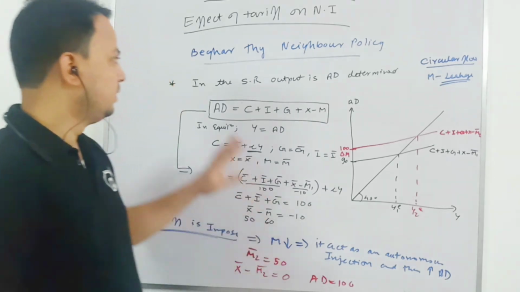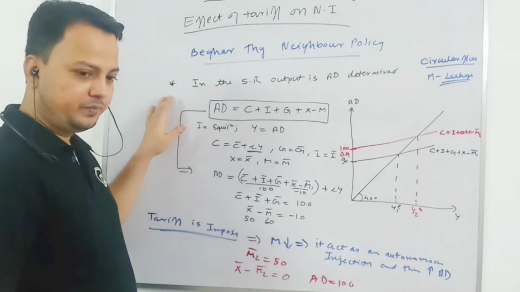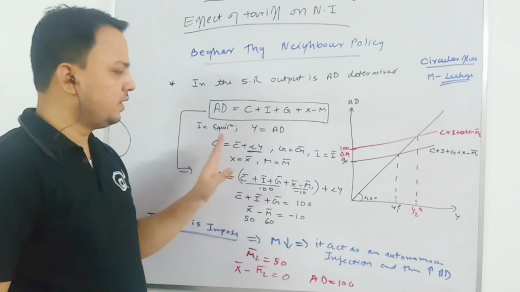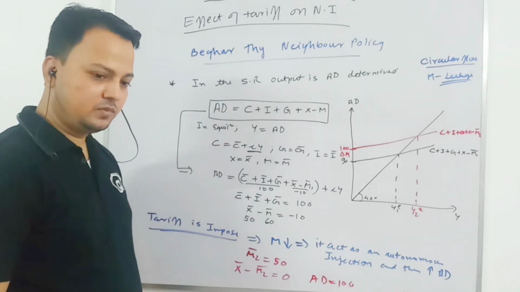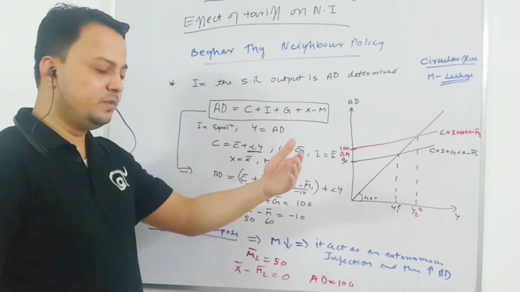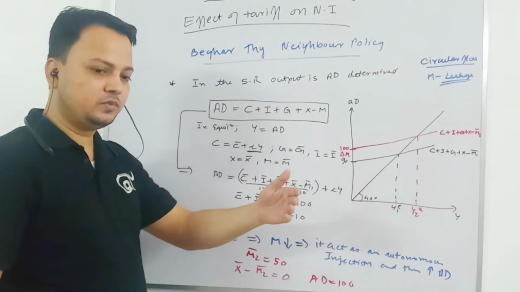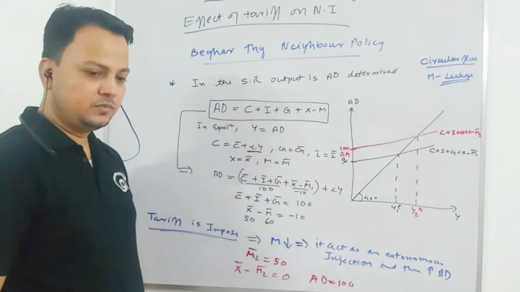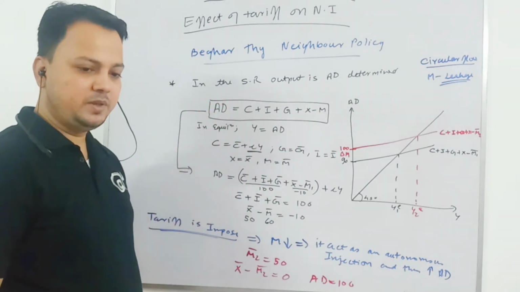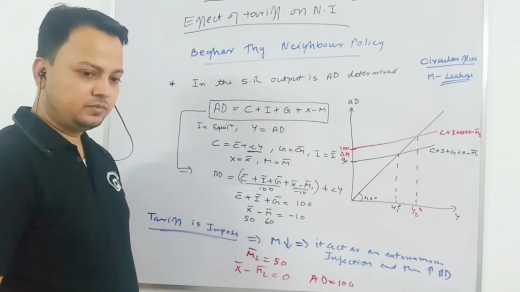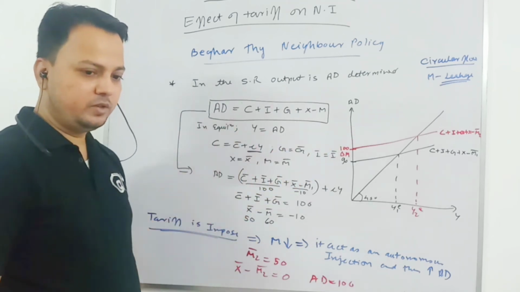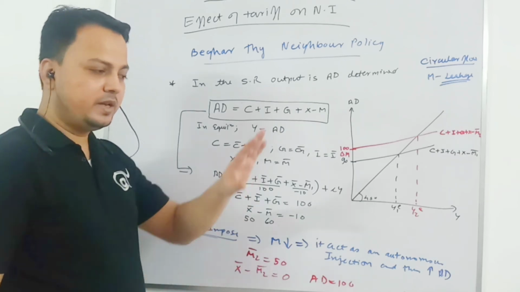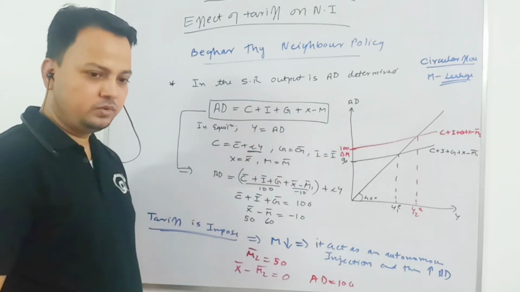Now, when this home country is imposing tariff, it is good for the home country. But when the home country is imposing tariff and reducing import, it is affecting the export of the foreign country. So export in the foreign country is coming down. What the foreign country is exporting to us is coming down, so their level of economic activity will come down also.